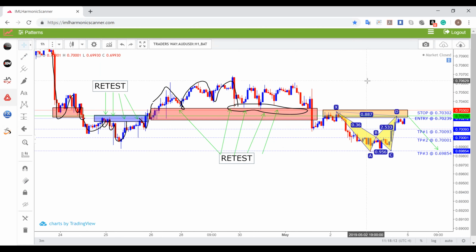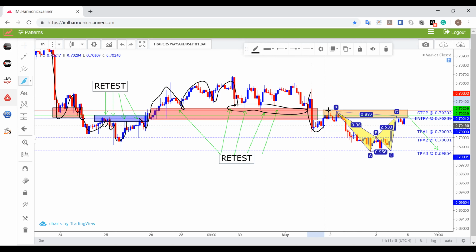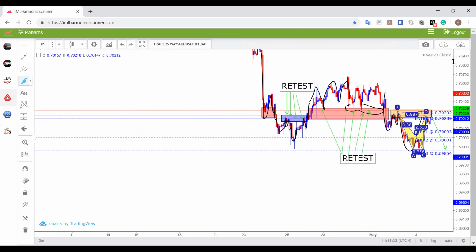Karen said yes, there's a retest. Yes, guys, there's a retest. This is it. We have it. Came down, retest, retest, retest, retest. Now that we can see these things, let me show you the next step.